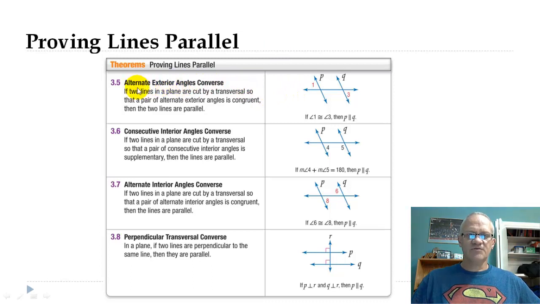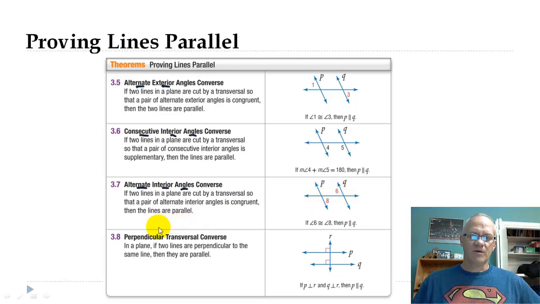First of all, the alternate exterior angles converse just says if you have two alternate exterior angles that are congruent, then those two lines have to be parallel, so in this case P and Q. There's the consecutive interior angles converse, and that just says if you have two consecutive interior angles, if you're told that they add up to 180, like right here, then we know that P has to be parallel to Q. There's the alternate interior angles converse, which means if you know that, in this case, 6 is congruent to 8, those are alternate interior angles, then P has to be parallel to Q.